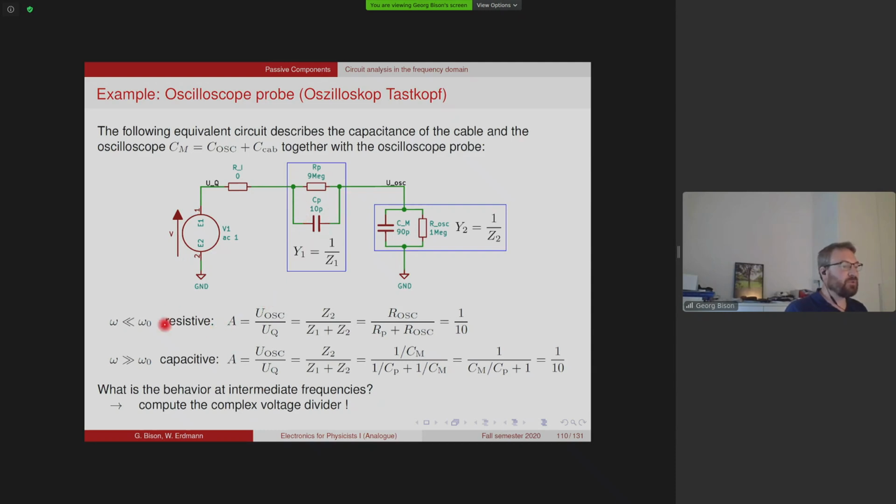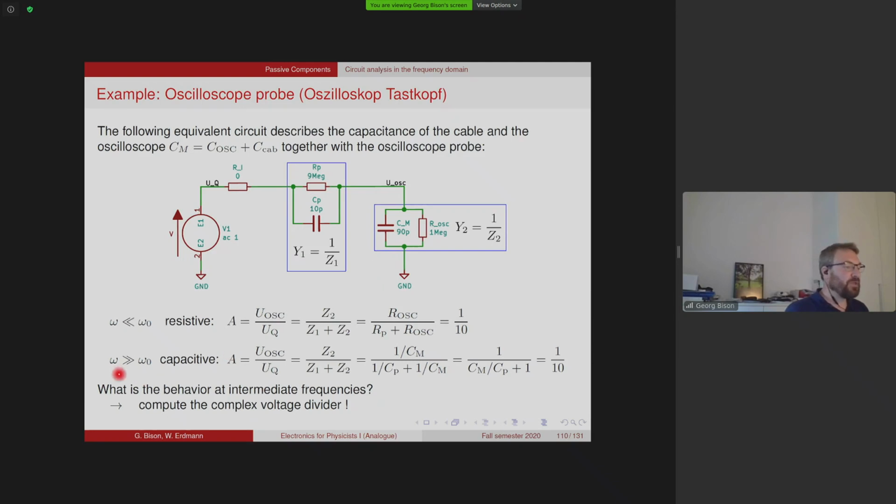So this is purely resistive. And then we see that this is a voltage divider. Okay, if we, for the moment, set this resistor here to 0, this is simply a voltage divider with these two resistors. It's 9 mega ohms to 1 mega ohm, which gives us a dividing ratio of 1 over 10.